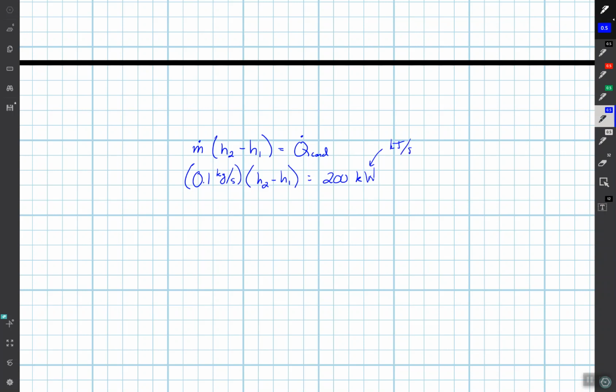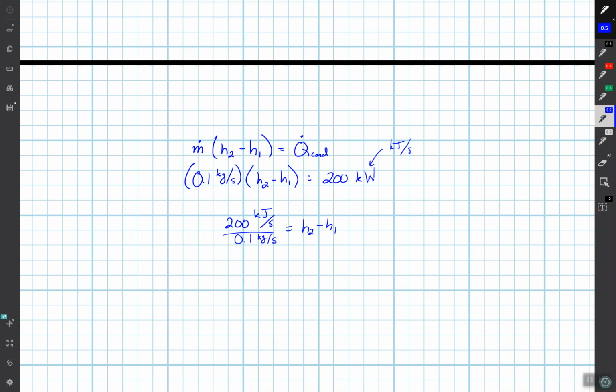So let's rewrite things. So this was now 200 kilojoules per second divided by 0.1 kilograms per second equals H2 minus H1.